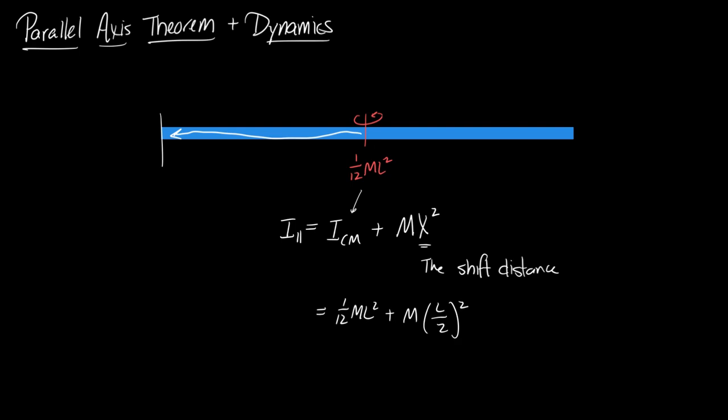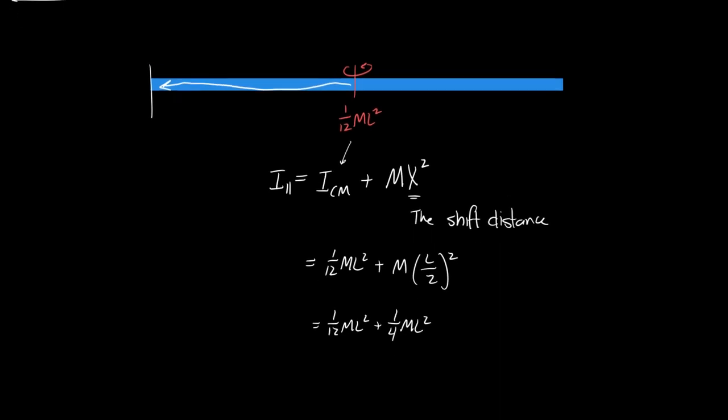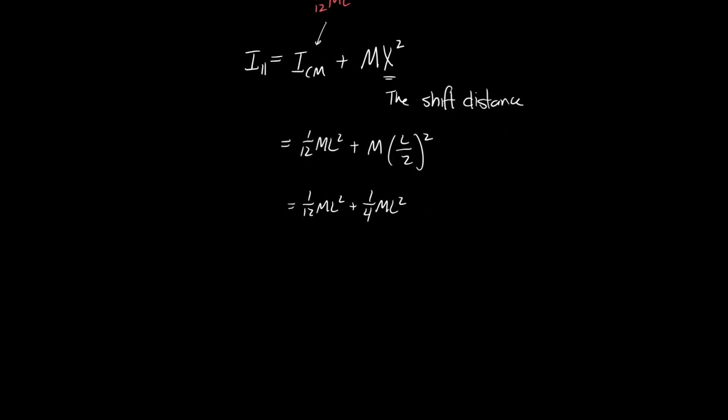Now this is just pretty straightforward algebra, isn't it? So 1/12 ml squared plus 1/4 ml squared. I'm thinking that you guys can add two fractions together. Perhaps maybe get common denominators first. Make that 3/12.